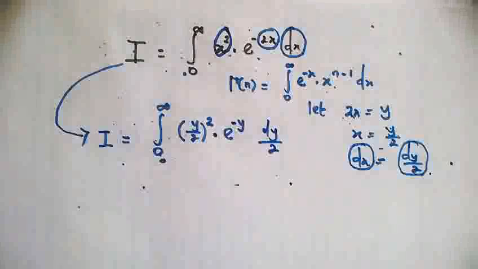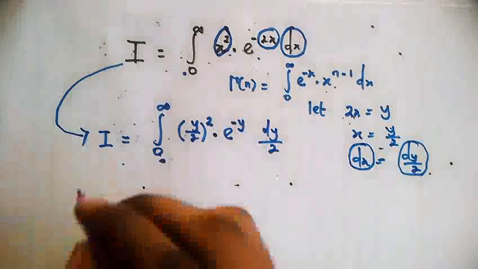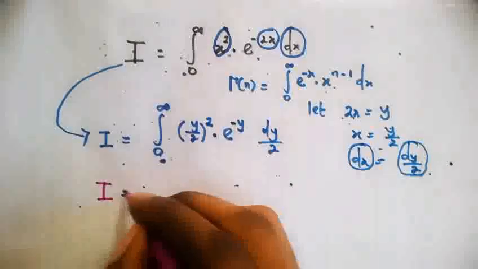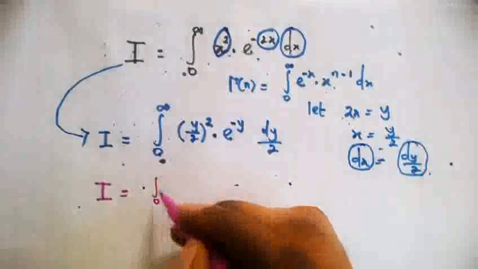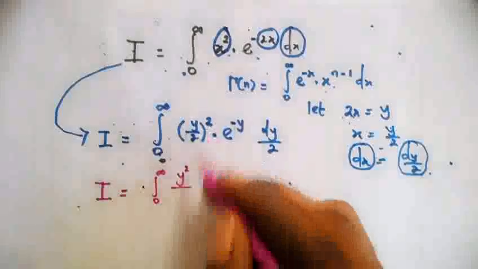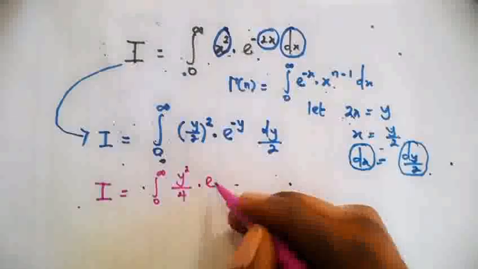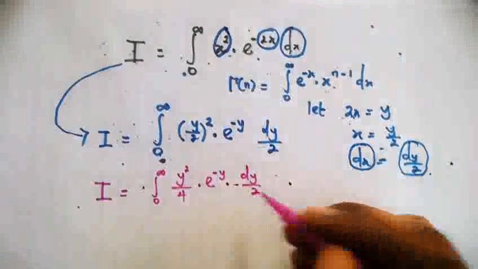Now we're going to do some simplifications here. So our I is becoming the integral from 0 to infinity of y squared over 2 squared, which is 4, times e raised to power negative y, times dy all over 2.